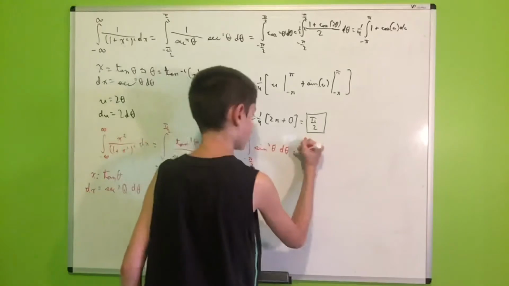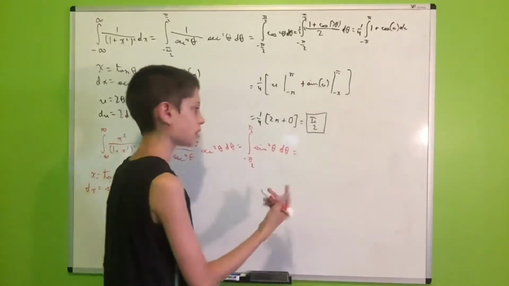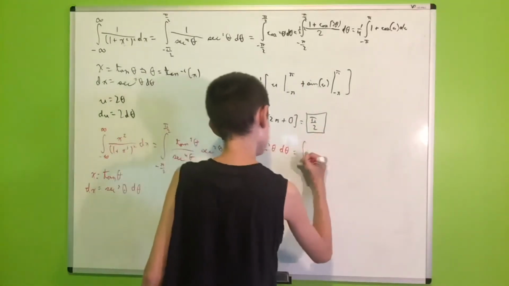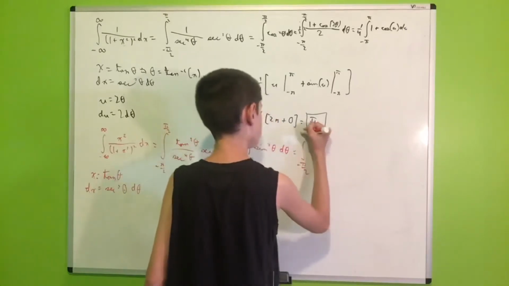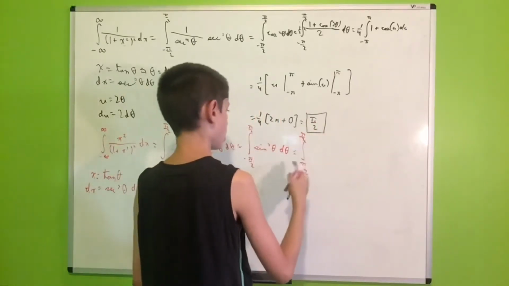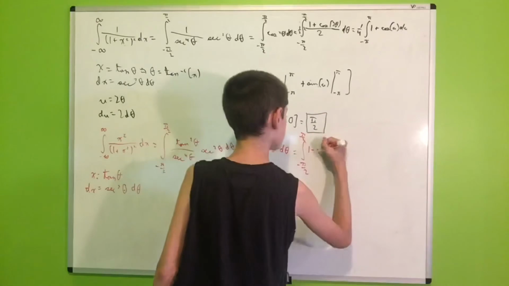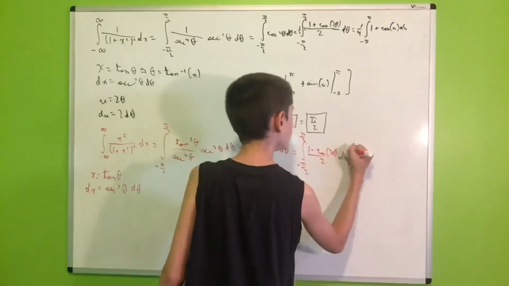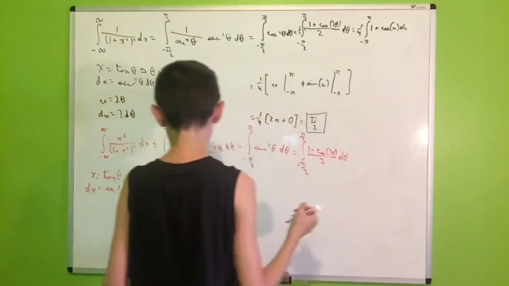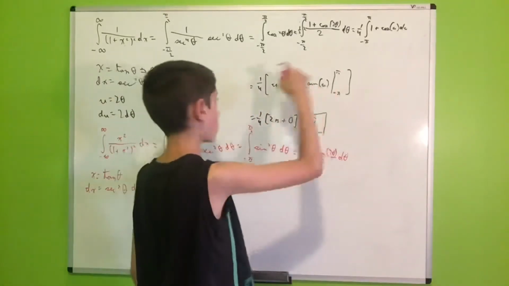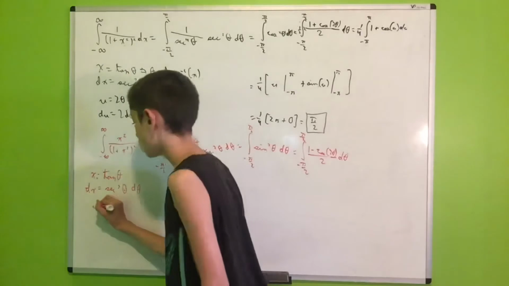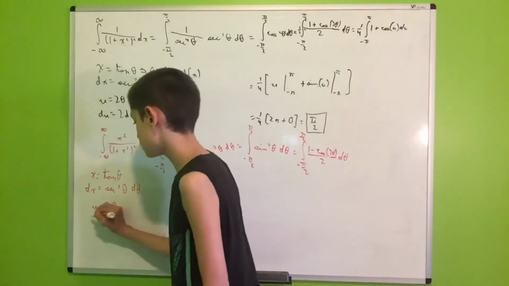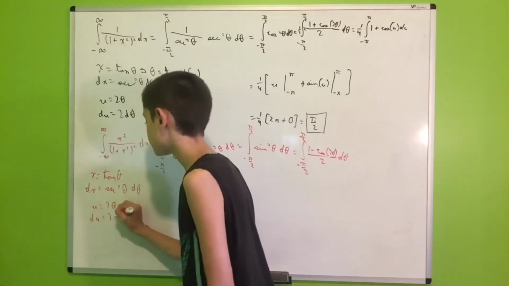But then we can integrate this as before using the double angle identity, so the integral from negative pi over 2 to positive pi over 2 of 1 minus cosine 2 theta all over 2 with respect to theta. But then we can, as before, introduce the substitution u equals 2 theta, which means du will be 2 d theta.